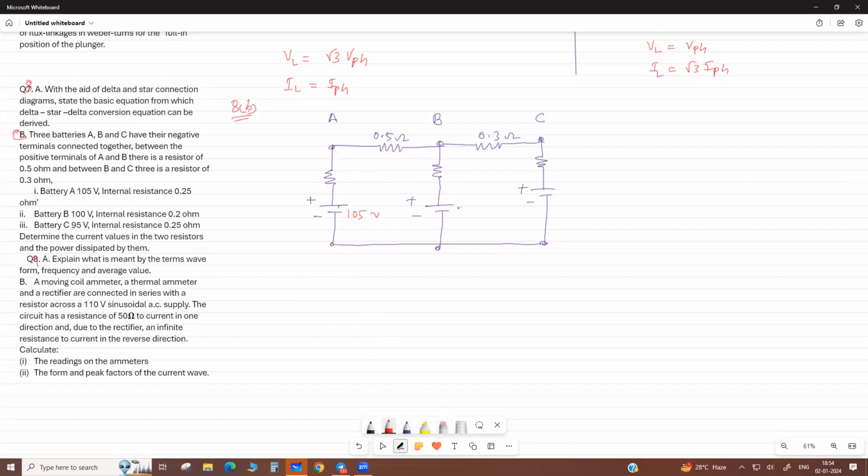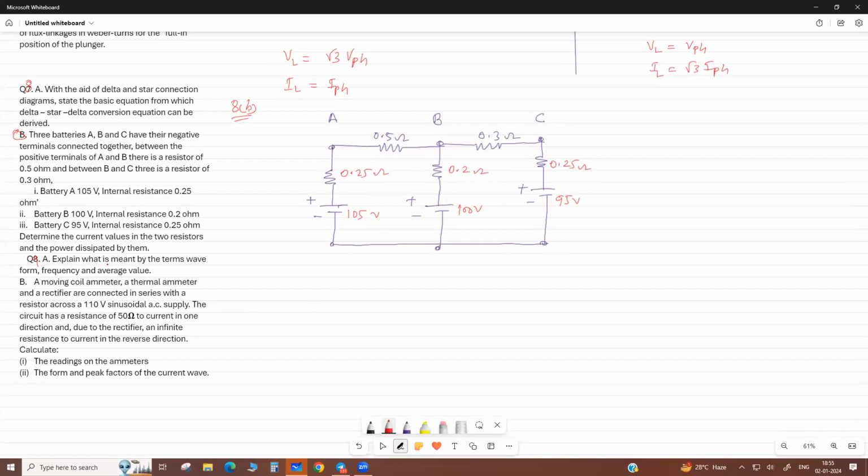This one is 100 volt, and this is 95 volt. The internal resistances: this is 0.25, this is 0.2, and this is again 0.25 ohm. So now this circuit will be formed.